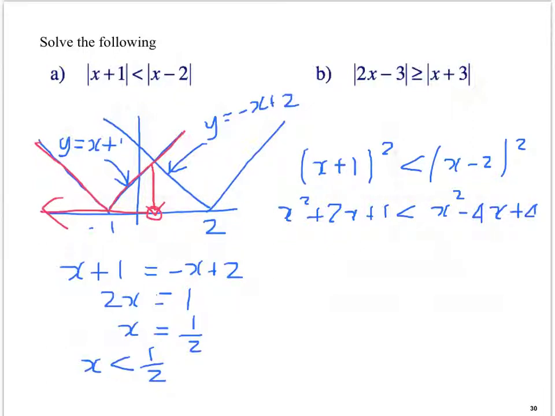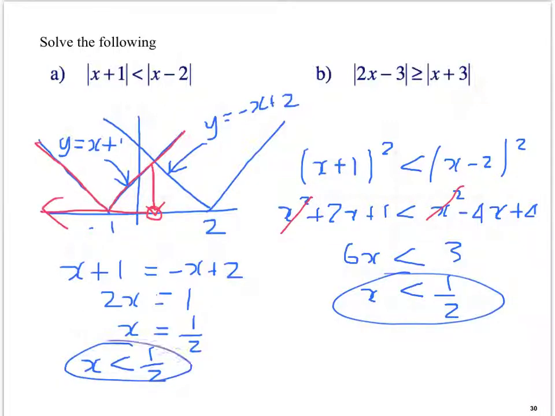Notice here, and this is the cool part of this one, those x squareds cancel. So this makes it quite an easy problem. Add 4x to both sides, subtract 1, and then divide by 6. 3 over 6 is the same as a half. So you can see we get the same answer using either method.